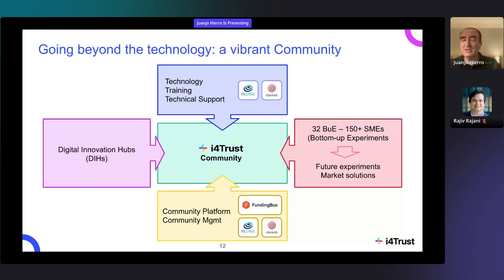And with all these actors together, we are starting to create first reference success stories using the i4Trust framework, with the technology, training, and technical support from both FIWARE Foundation and iSHARE, and a full-fledged i4Trust community platform that is provided by the third partner of this collaboration program, which is Funding Box.